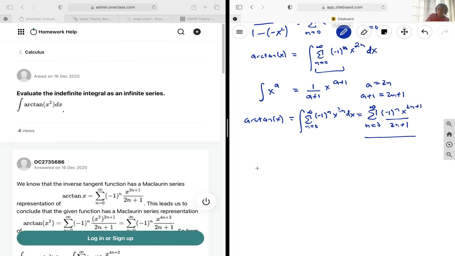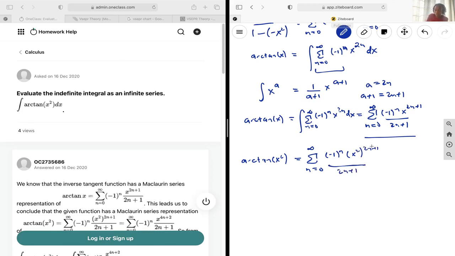So now we just put in our x squared, since we have what arctan x is. So arctan x squared is going to be from n is equal to 0 to infinity, negative 1 to the power of n, x squared to the power of 2n plus 1, all over 2n plus 1.